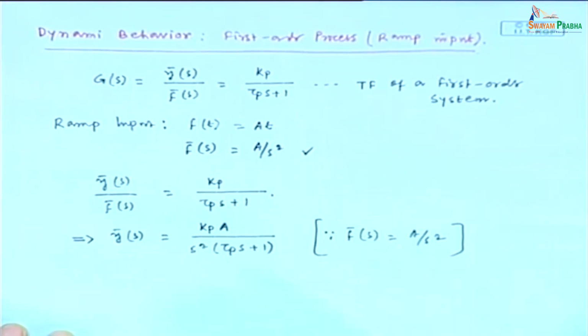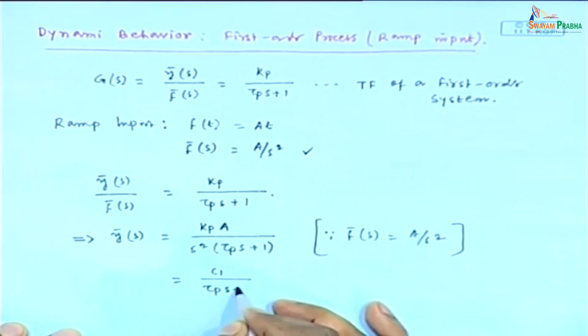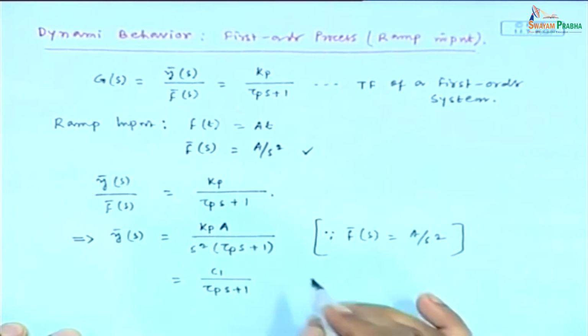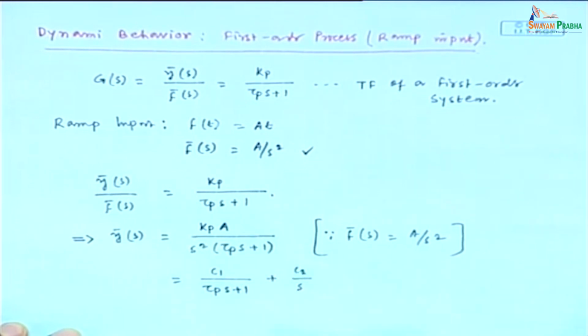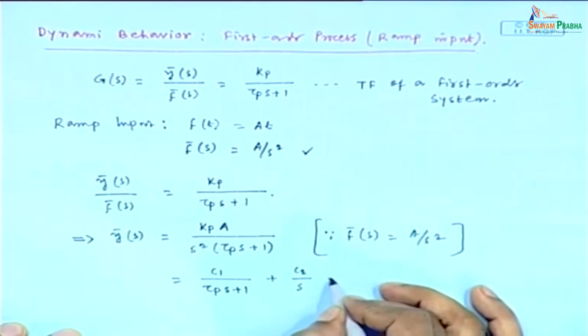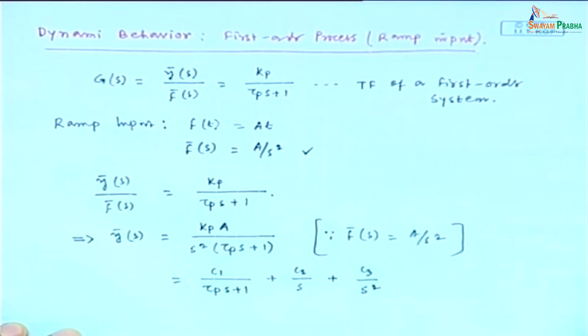Now, we will write this form in this way: C1 divided by tau p s plus 1 plus C2 divided by s plus C3 divided by s square.